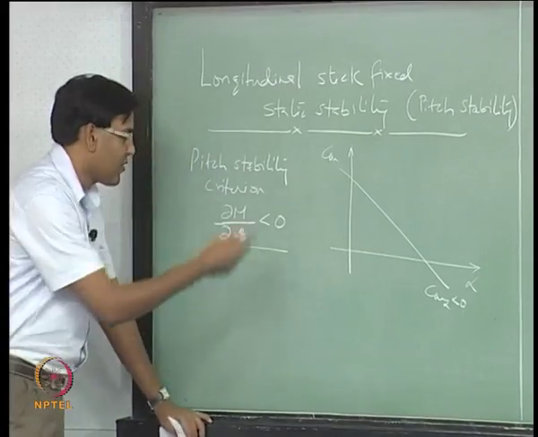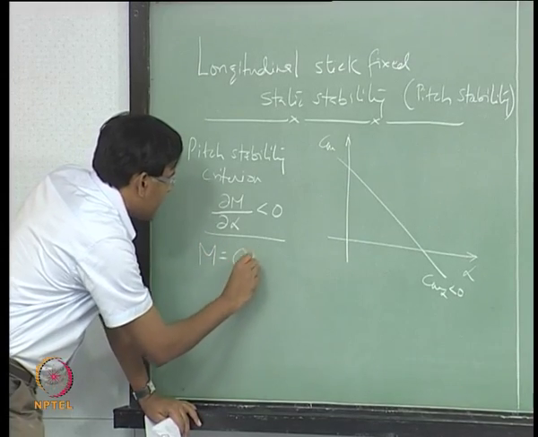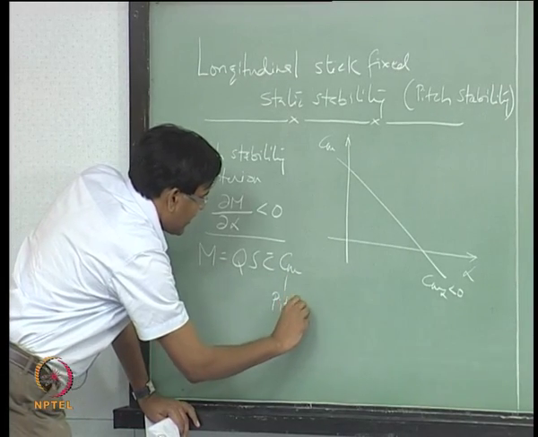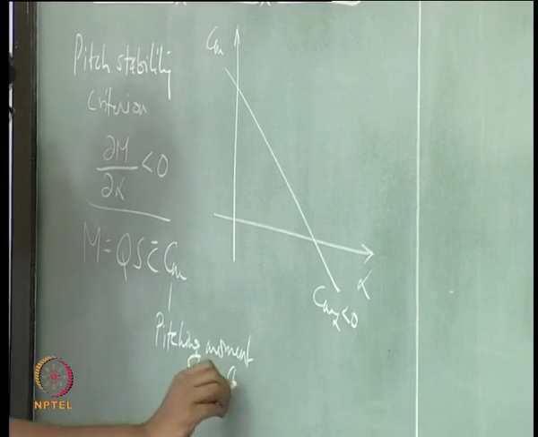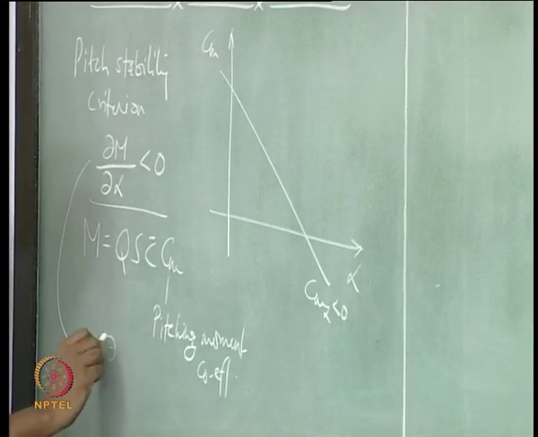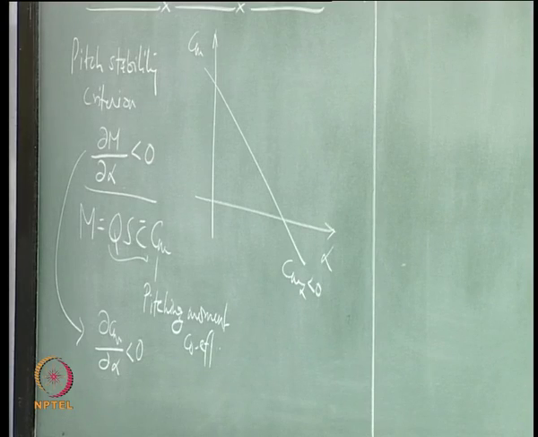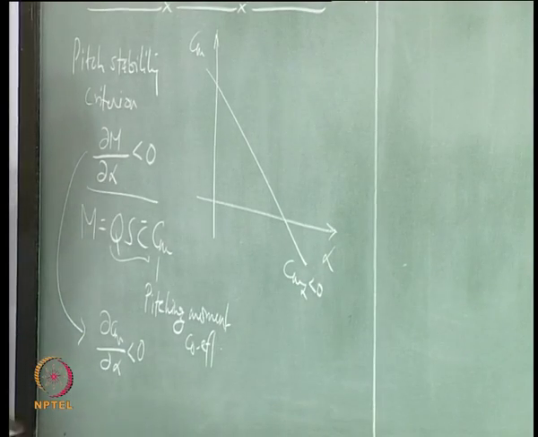This was the criterion, because the expression for pitching moment is Q into S into C bar into Cm. Cm is the pitching moment coefficient. We also said that this is equivalent to, everything else being constant and positive here, so we are checking the static stability in pitch at a particular trim condition, and this is the criteria.